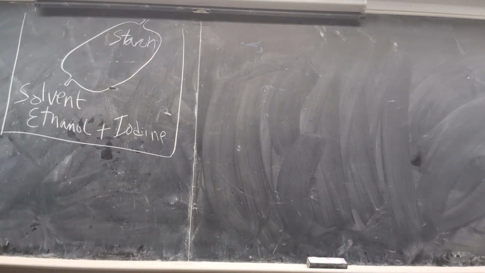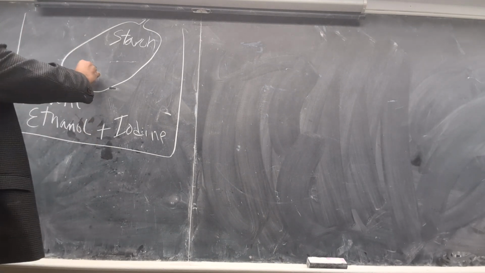What is starch? We already talked about our micro and macro molecules. Is starch a protein? Carbohydrate, excellent. So you're going to put starch, and with the starch, you're going to put water.